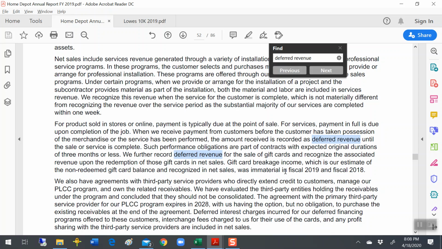Such performance obligations are part of the contract and expected duration. We further record deferred revenue for the sale of gift cards and recognize the associated revenue when the gift card is redeemed.